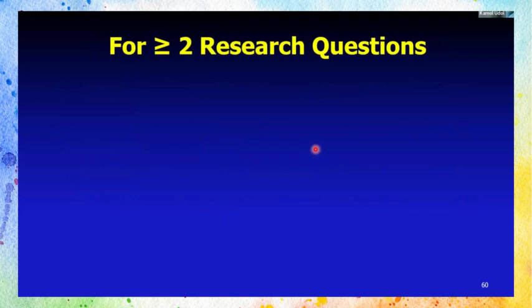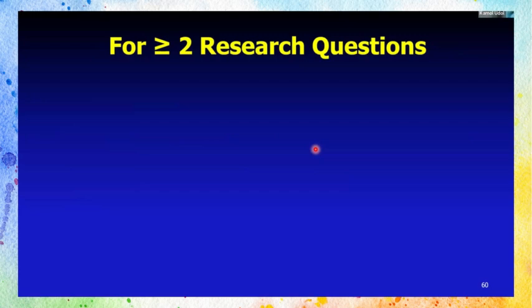So it is common for a research project to have more than one research question. But if you have more than one, you have to select 1 or 2 of them and designate it or them as your primary research question.